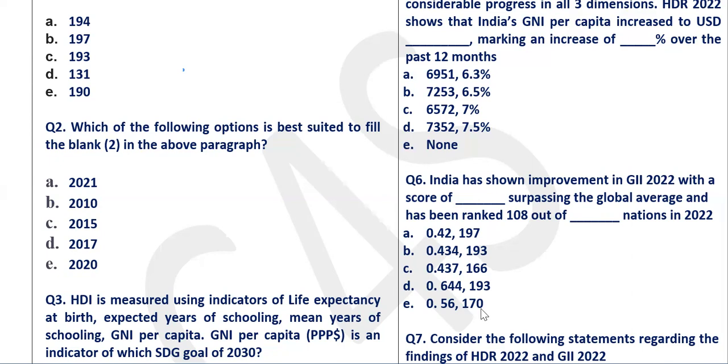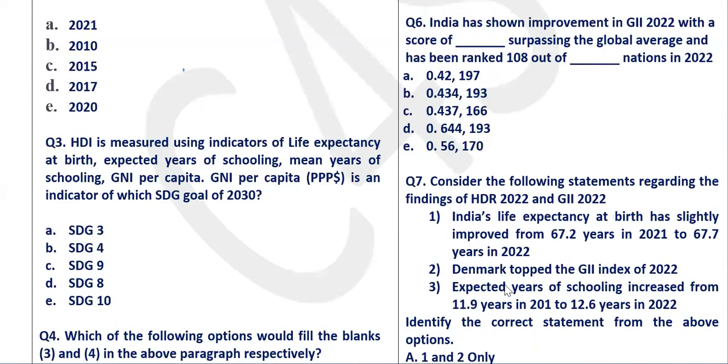Students, the correct answer is option C. India's score for 2022 is 0.437 and India has been ranked 108 out of 166 countries. Clear? Option C is the correct answer.